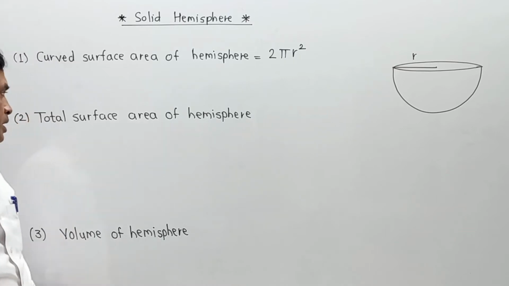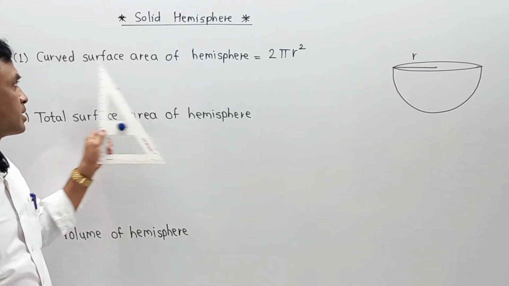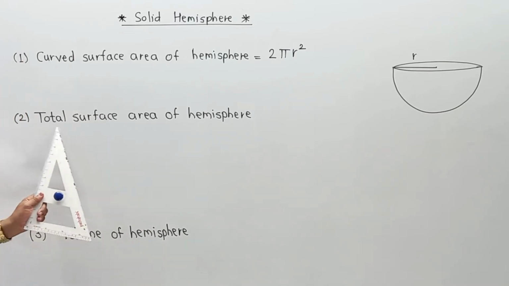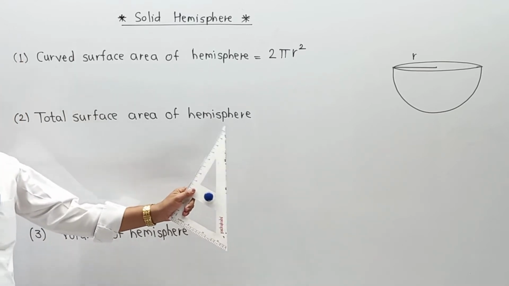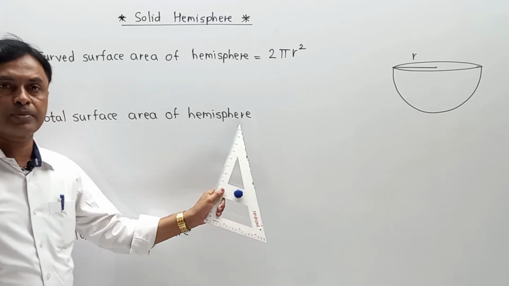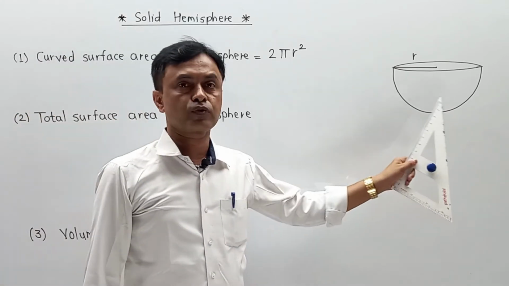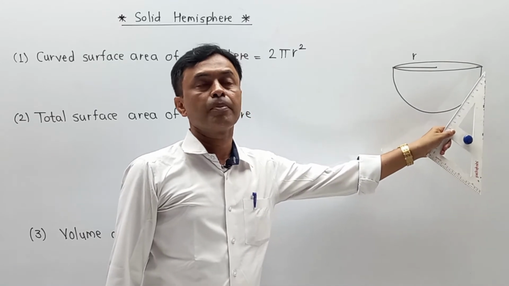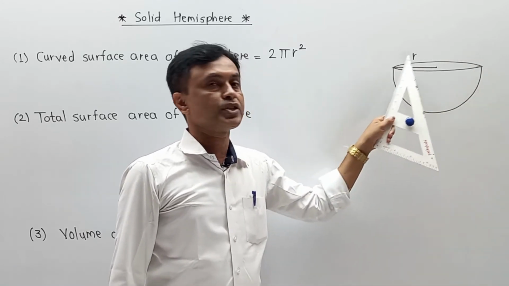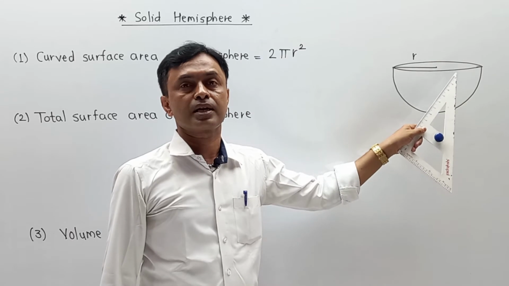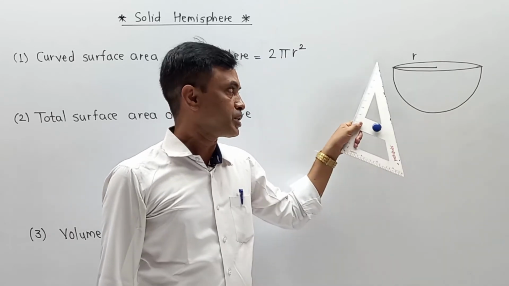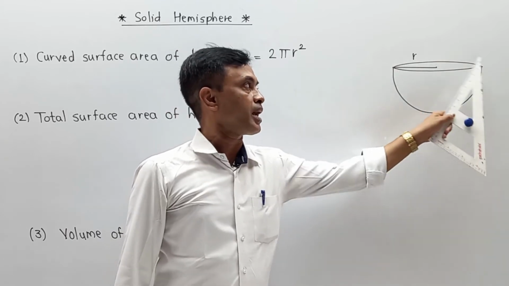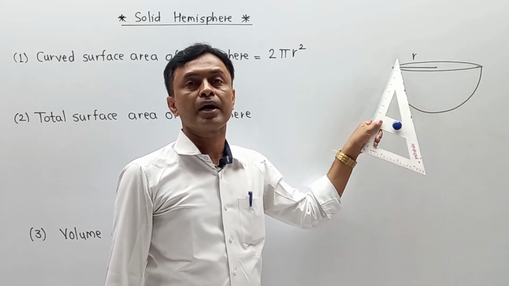Now, after completing the curved surface area of hemisphere, we have to understand the second logic, called the total surface area of hemisphere. It is a combination of two parts. First, the curved surface area of hemisphere plus the area of this face, which is a circle, that is pi r square. So it is 2 pi r square, which is the curved surface area, and the area of the face, that is pi r square.